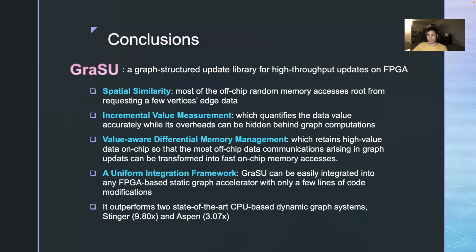The former enables quantifying the data value accurately, while its overheads can be fully hidden before normal graph computation. The latter exploits the special similarity of graph updates by retaining high-value data on chip, so that the off-chip data communications arising in updates can be transformed into fast on-chip memory accesses.